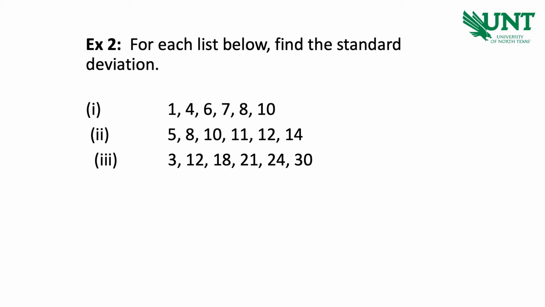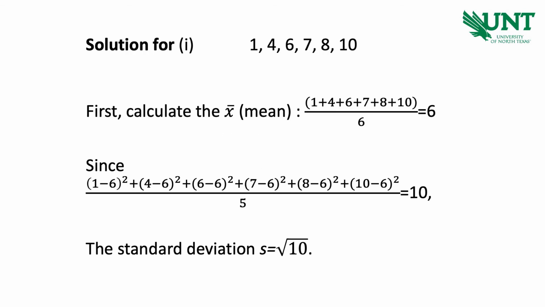Let me show you how to calculate the standard deviation for number 1. First, calculate the average, which is 6. Next, square all of the deviations from the average, add them up, and divide by the number of data points minus 1, which is 5.